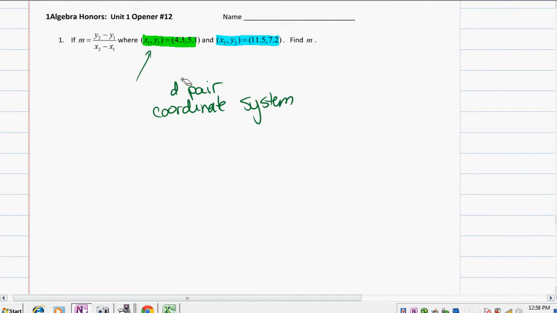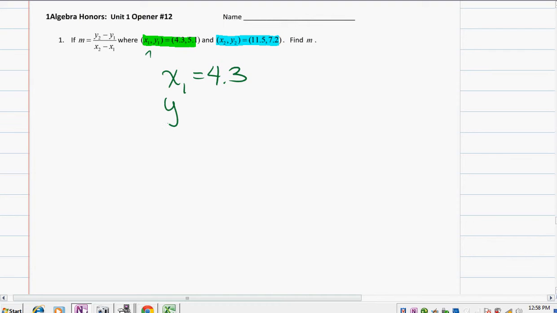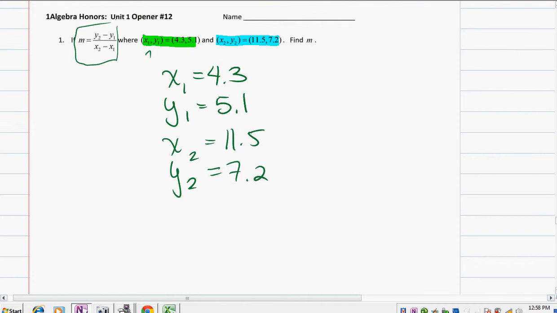So another way to read this is to say x1 equals 4.3, y1 equals 5.1, x2 equals 11.5, y2 equals 7.2. So now I can substitute this into this formula, some of you might recognize as the slope formula, which we're going to use often to determine the slope of lines.